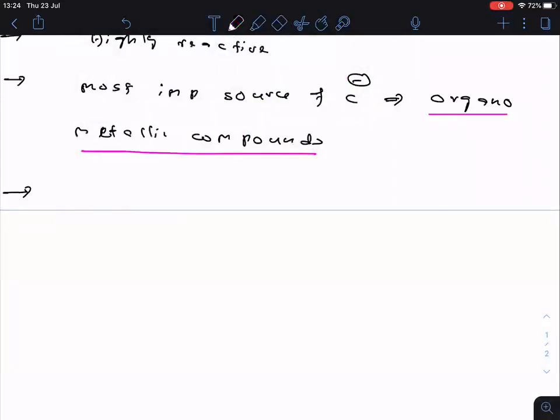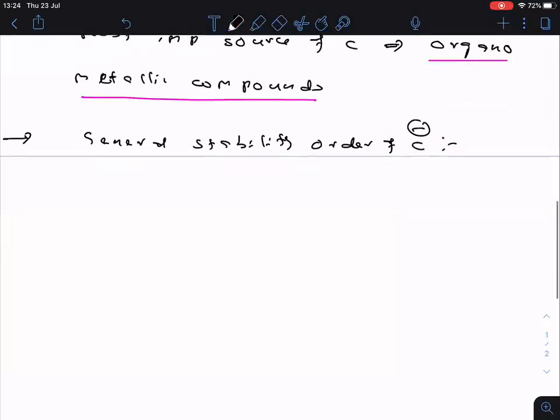Now, what is the general stability order of carbanions? Remember everyone, first of all, aromatic carbanion is highly stable. First comes aromatic.